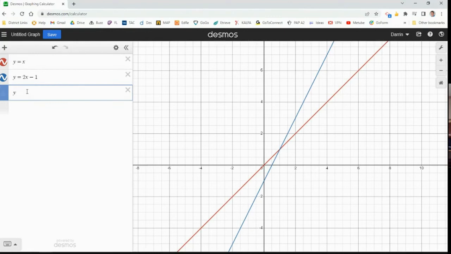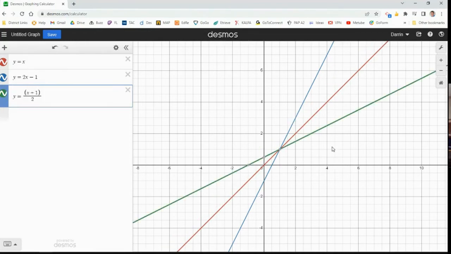So y equals x plus 1 divided by 2. There it is. It's a reflection of the red line. The blue line is the original function, the inverse is the green one, and it's a perfect reflection over y equals x.